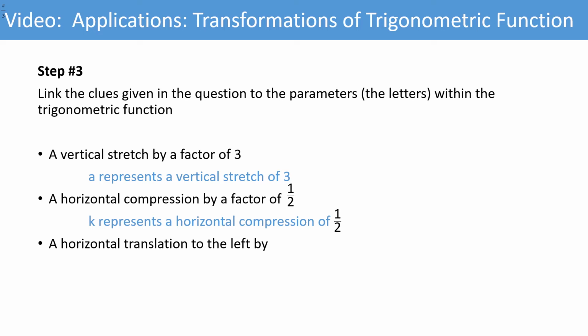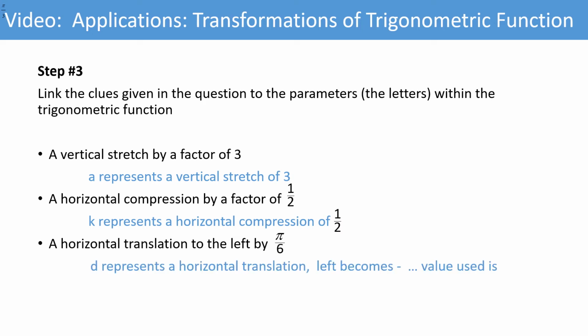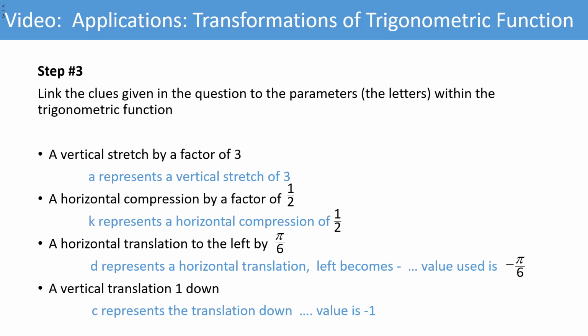A horizontal translation to the left by π/6 gives us the value d equal to -π/6. And a vertical translation 1 unit down represents the c value, which is -1. When we're done the graph, we need to come back and verify that we do have these values.